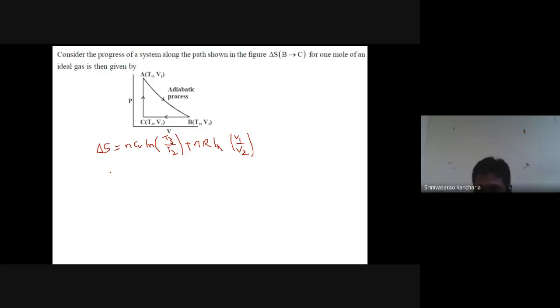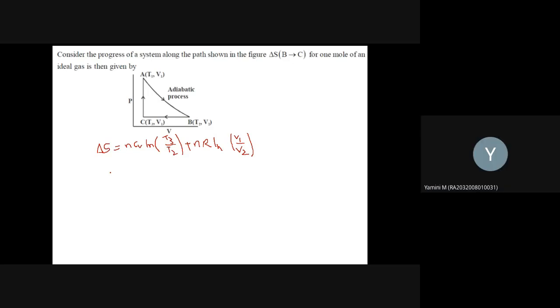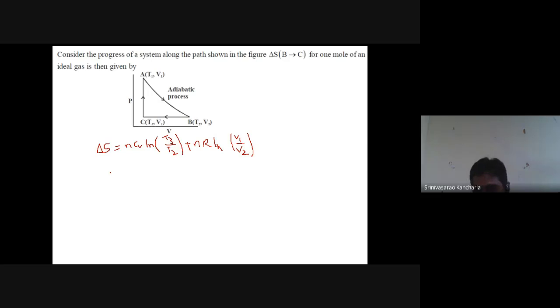You know the liquefaction of gases, right? When you apply high pressure, some gases condense and form liquid. So there is a possibility for a change in phase when you are doing volume changes, right?